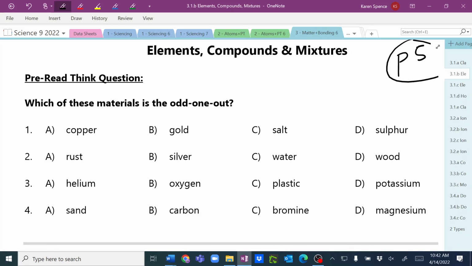And then if you got number 1, try thinking about 2, and then number 3, and then number 4. Well, the odd one out means the one that doesn't match the rest.